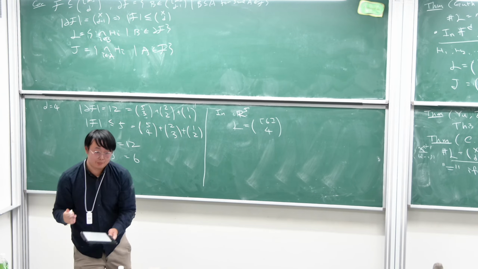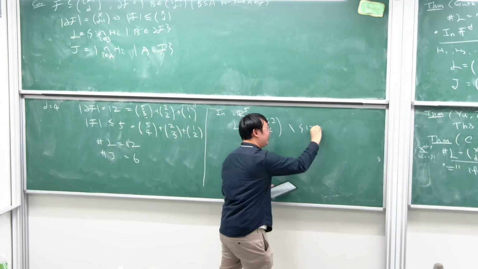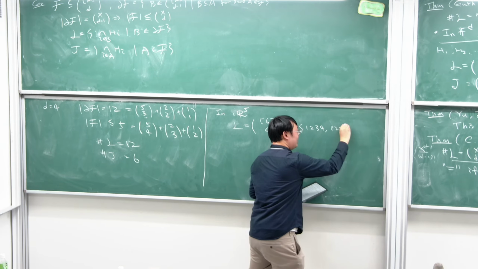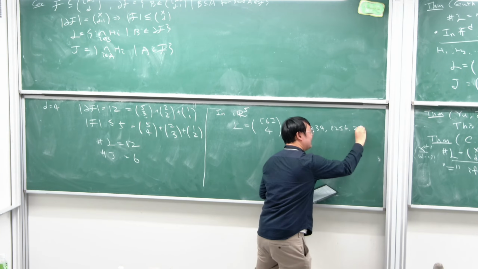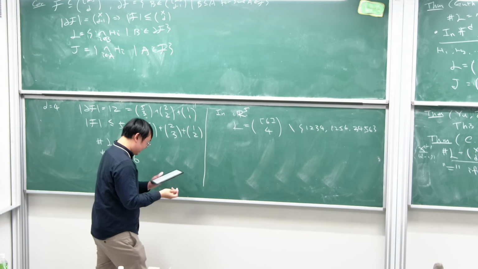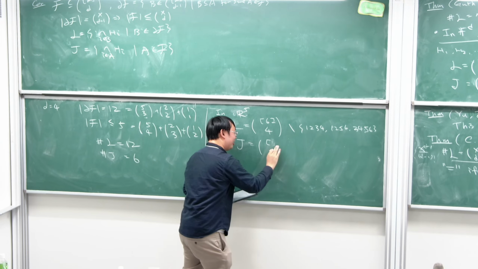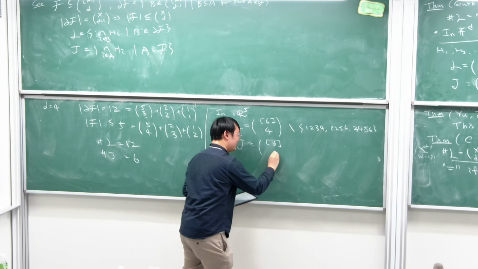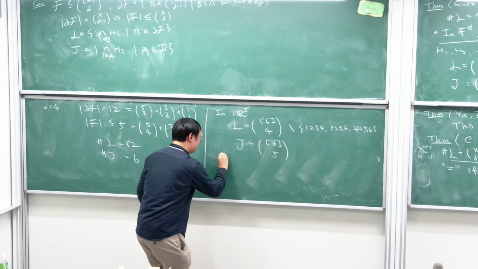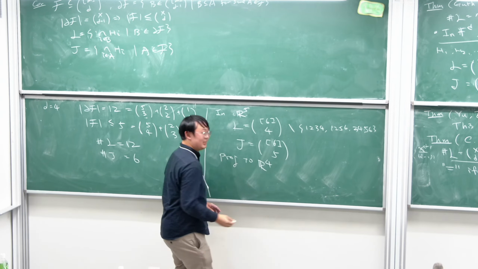So you take 6 hyperplanes and you look at any 4-wise intersection of them, but I'm excluding the set 1, 2, 3, 4, and the set 1, 2, 5, 6, and also the set 3, 4, 5, 6. And I'm going to take my joints to be just any of the 5-wise intersections. And then project everything to 4-dimensional space.